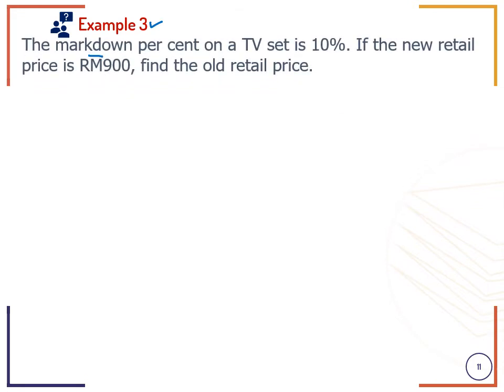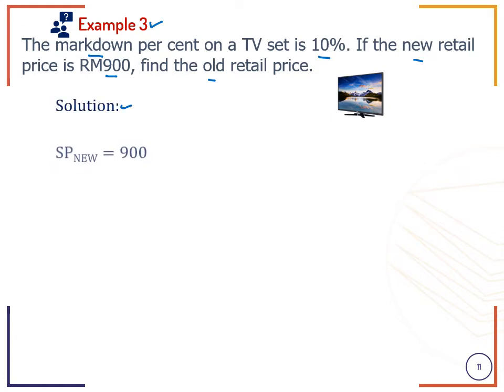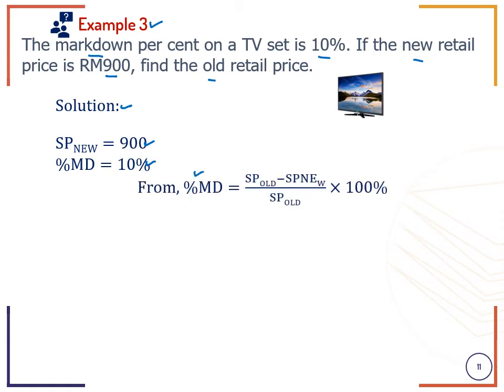Example 3. The markdown percent on a TV set is 10%. If the new retail price is 900, find the old retail price. Solution. Given new selling price is 900, percentage of markdown is 10%. From the following formula, percentage of markdown equal to old selling price minus new selling price divide old selling price multiply 100%.